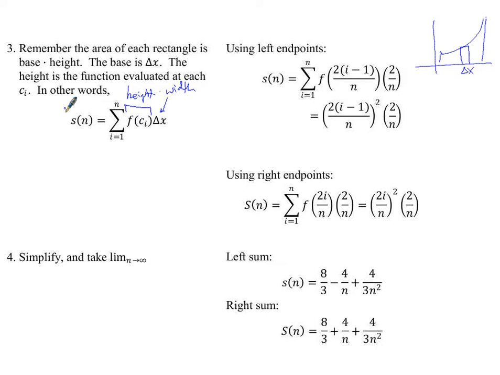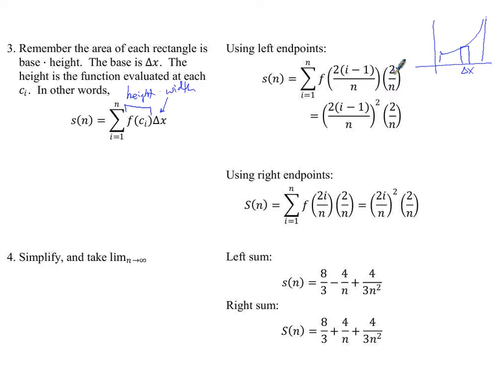So back to our problem, using left endpoints, we're going to call it now a function S of n. You can think of that as the sum of n rectangles if you wanted to, equals the sum from i equals 1 to n of my function evaluated at c sub i. If I was using left endpoints, then I had that 2 times i minus 1 over n that I just plugged in to my function, which was x squared.